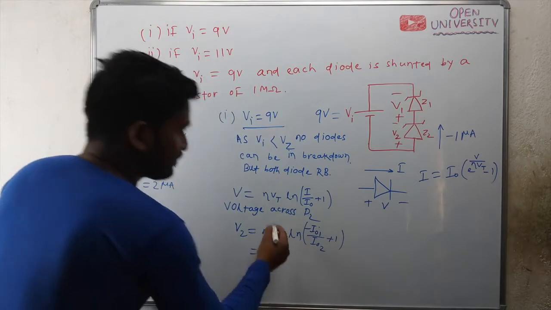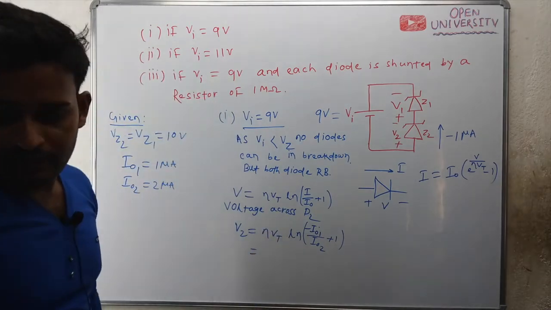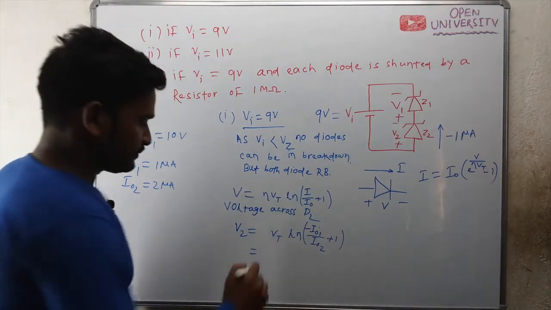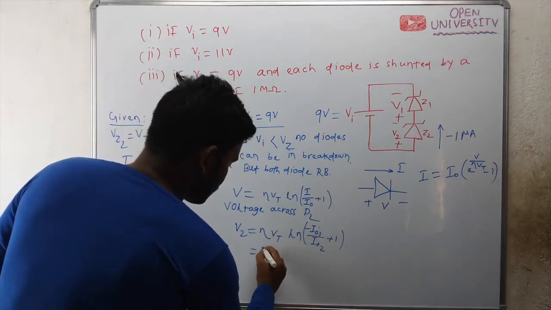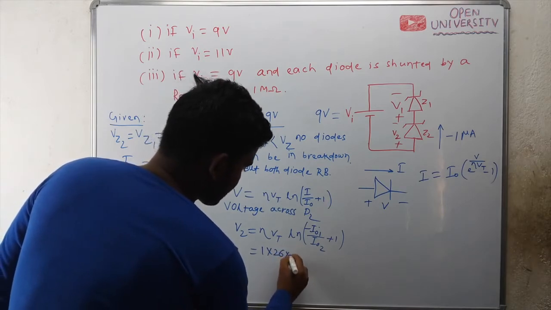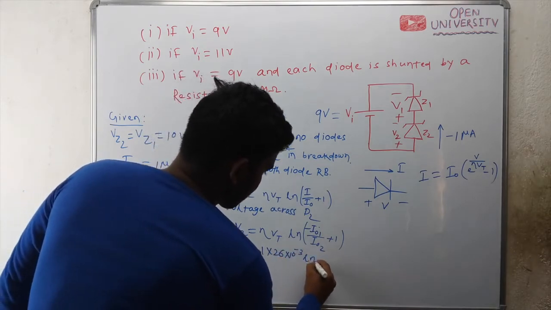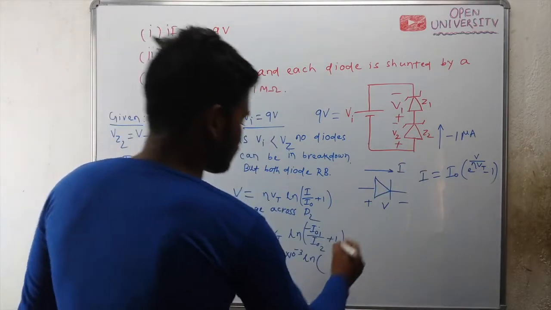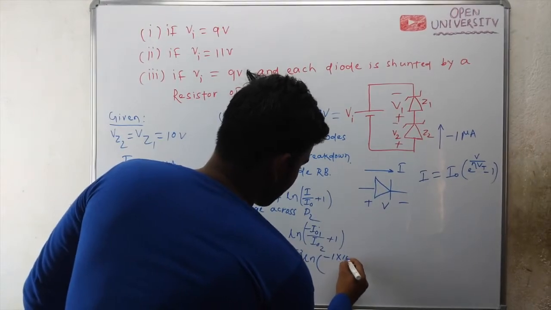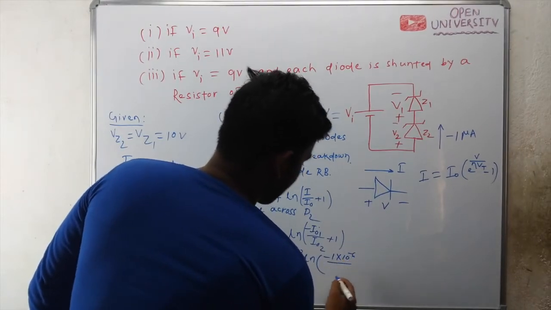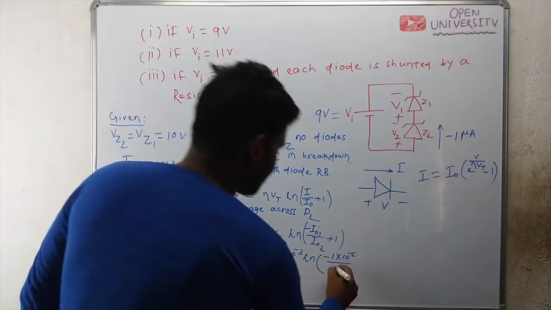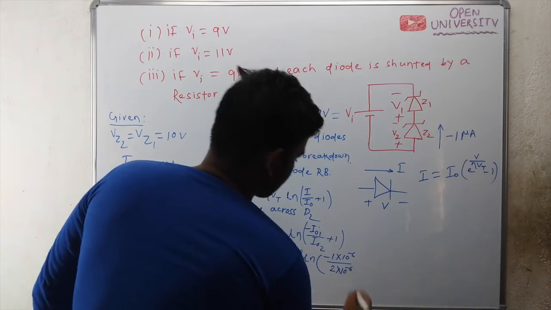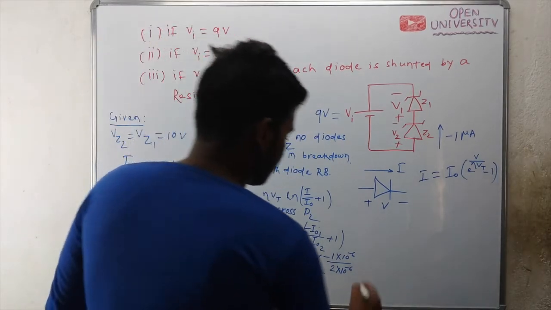If you calculate, eta value is 1, this is your eta. The value is 1 into 26 millivolt log of I naught 1 value, which is minus 1 microampere, minus 1 into 10 power minus 6, divided by I naught 2 value, 2 microampere, plus 1.